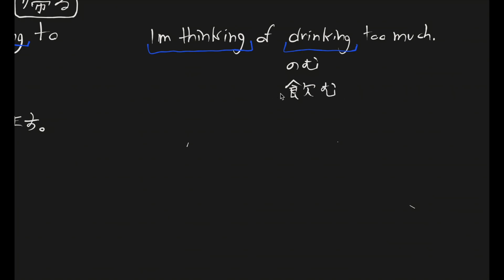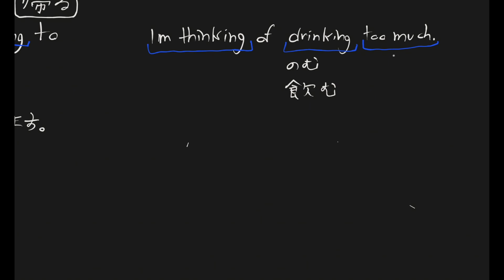Nomu, this is the kanji for nomu, to drink. And then too much. With too much, it's something that you add to the end of a verb. And you can change the end of this additive like it is a ru verb.